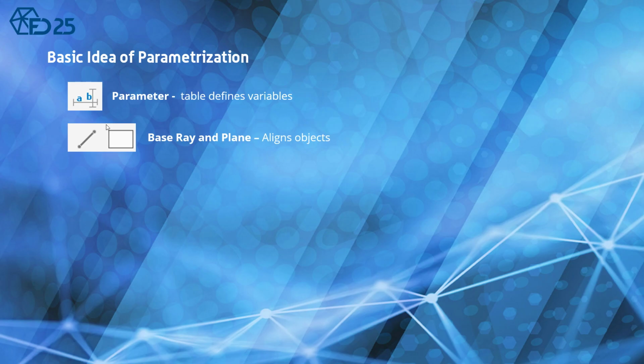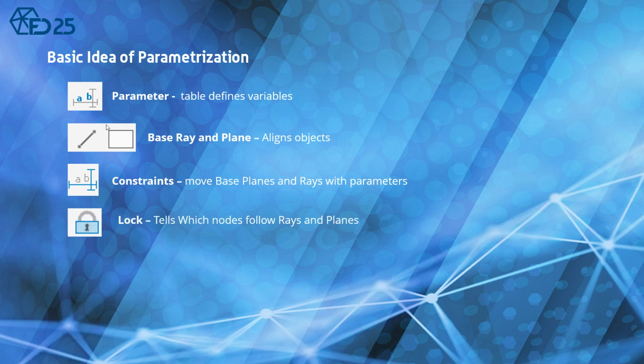Ray is for 2D planes, and plane is for 3D objects. It aligns the objects. Then we set the constraints, so we move those objects to base planes. And we can move those planes and rays with the parameters. Then we can lock beams or shells or solids to those base rays and base planes. And grid means repetition. If you have n pieces of some part, then it's a grid.